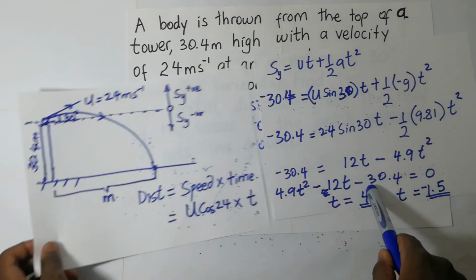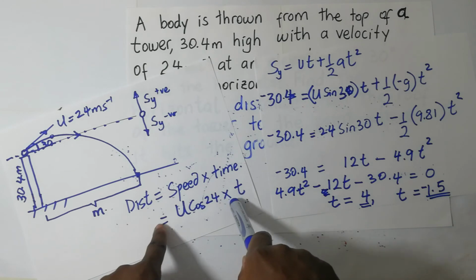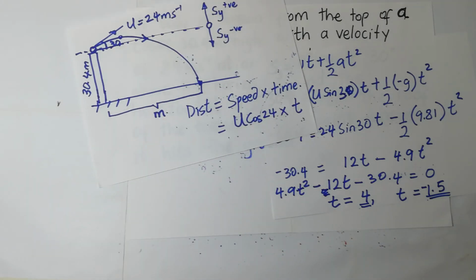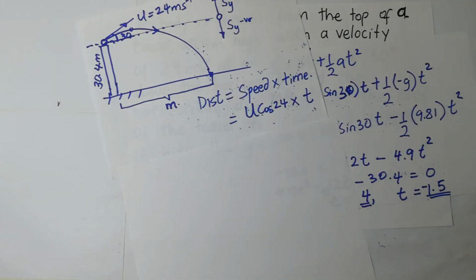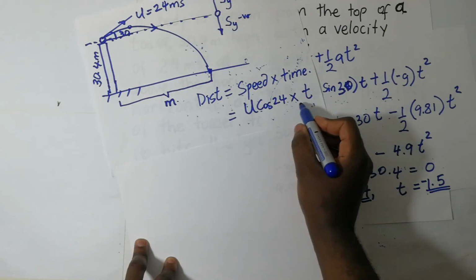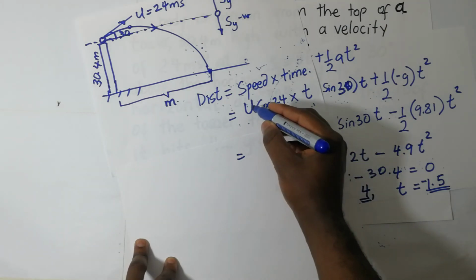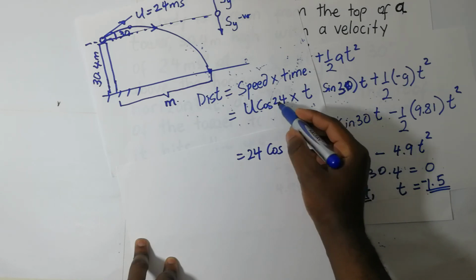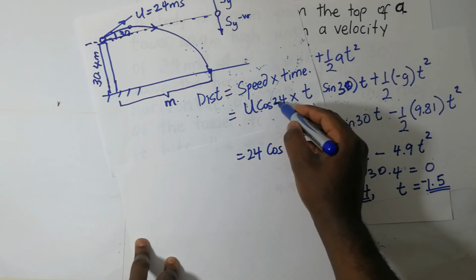Now that our value of t is 4, we can come back to our initial formula here and answer the question as it is required. So here distance is speed times time, which is u cos theta times t. This is the same as saying u is 24 meters per second, so it's 24 times the cosine of, actually this is supposed to be 30.